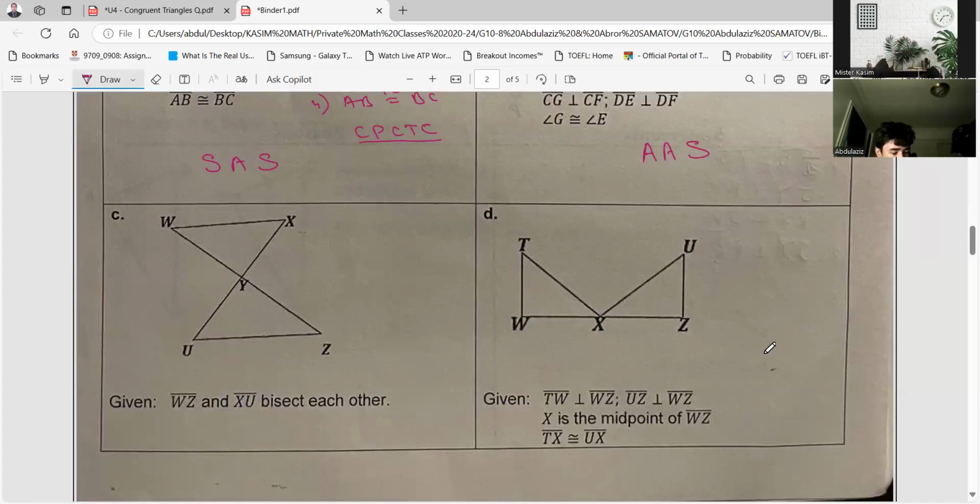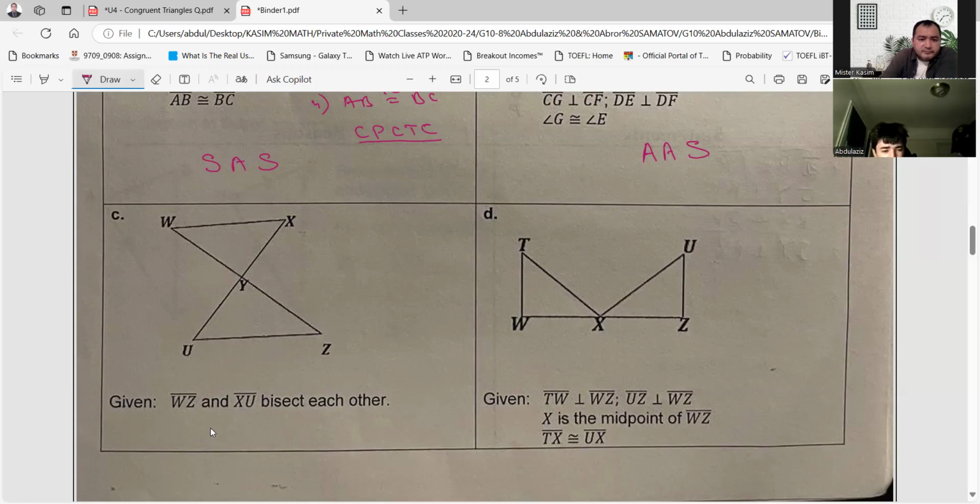So what do we have to prove here? So these two triangles are congruent, right? They don't have to be congruent, but here also they didn't ask the question properly, Abdulaziz. They should say that one more thing should be given here. Otherwise, we can't prove that these two things are congruent. What is that?